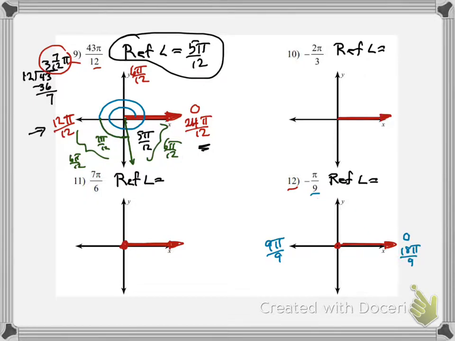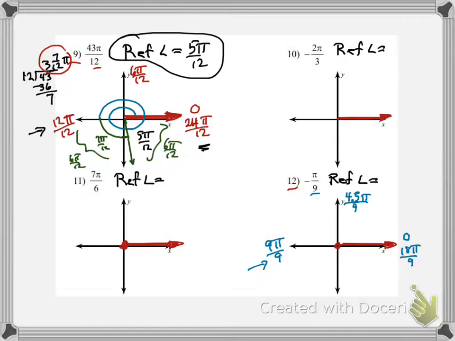I need to go 1/9 down. If half a circle is 9/9, I need to be 1/9 of that half a circle. If I'm looking up here, I'll say half of 9 is 4.5, and this is very strange to write this way, but 4.5 pi over 9.